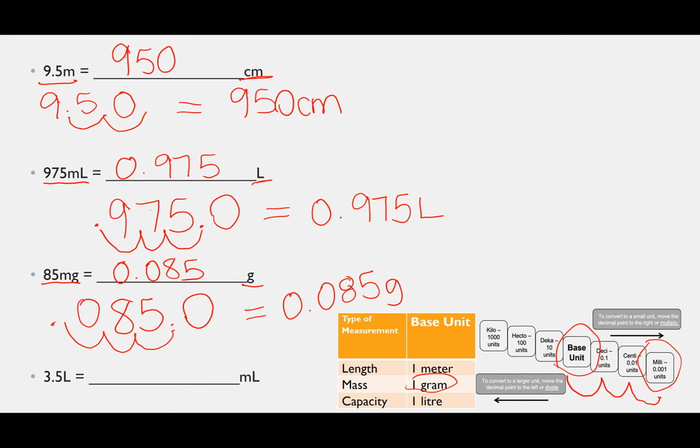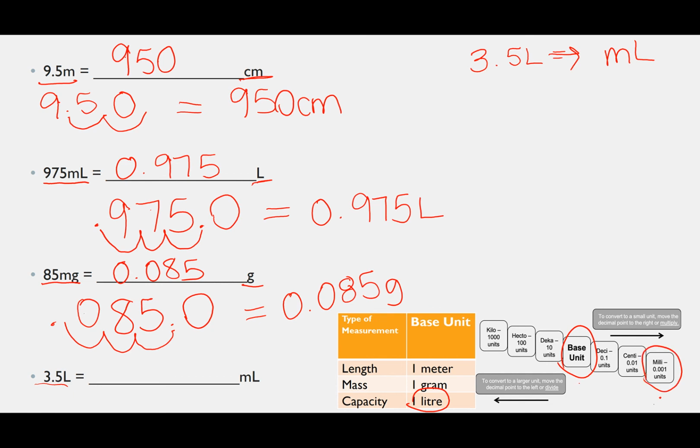Okay, I'm going to do this next example over here. So 3.5 liters to milliliters. So if we have liters, liters is a base unit. So we're starting at our base unit and we're moving to milliliters, and milliliters is at the bottom.